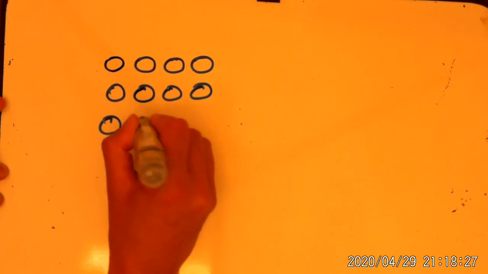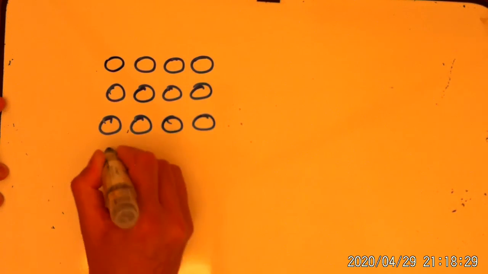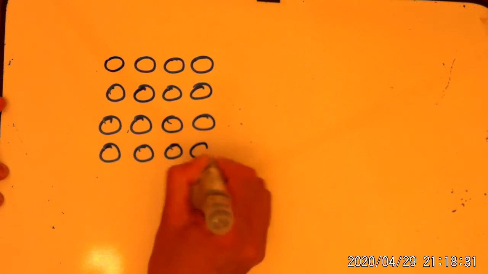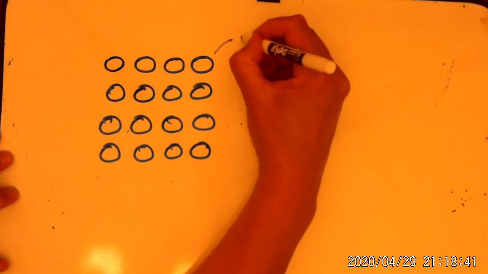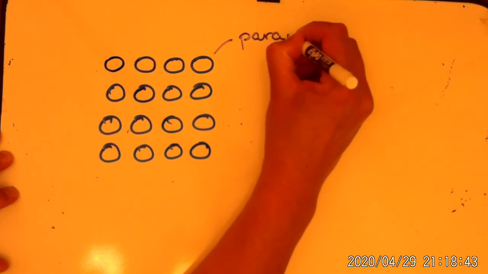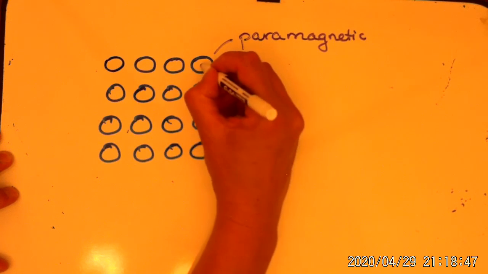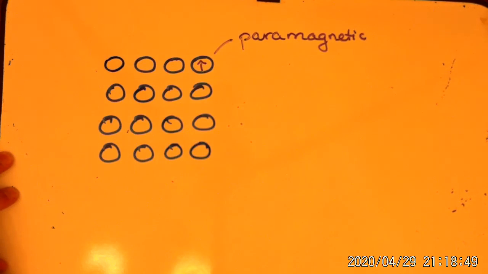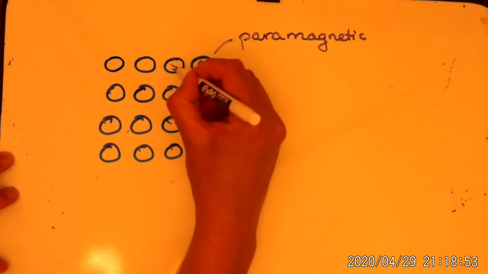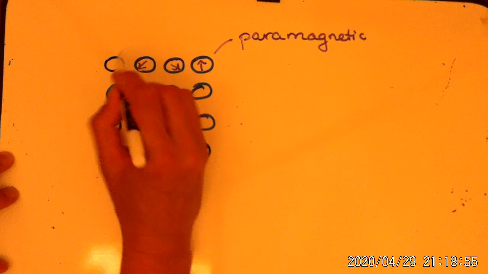What happens is this. If I have a paramagnetic substance, what I'm going to do is represent each paramagnetic substance, and then we can represent their magnetic property with an arrow. In any random substance, they're going to be randomly oriented.